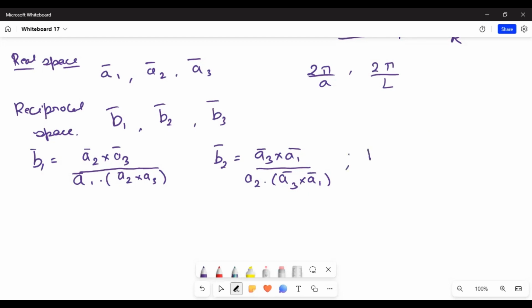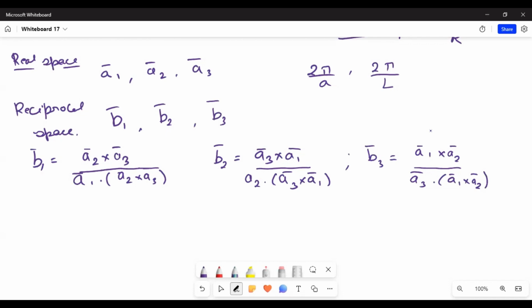And b3 is a1 cross a2 upon a3 dot a1 cross a2. So this is how we describe b1, b2, b3. It is actually a relationship between real space and the reciprocal space.